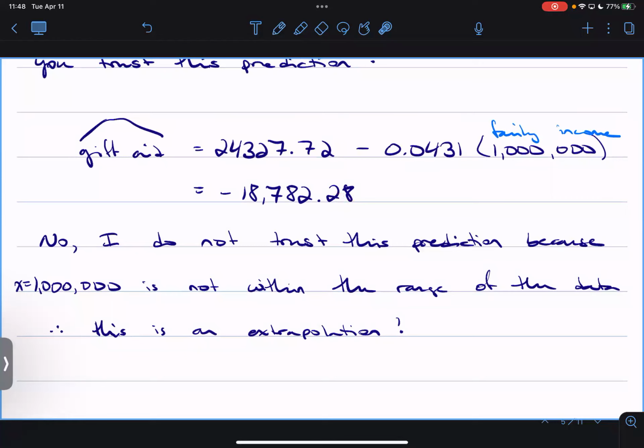You just call it zero because it's not like student aid would be like, oh, you make so much money, you actually have to pay us. So reasonably it would be zero, right? You get no money, but the predicted value is negative 18,000 because that's what the line is telling you, right?